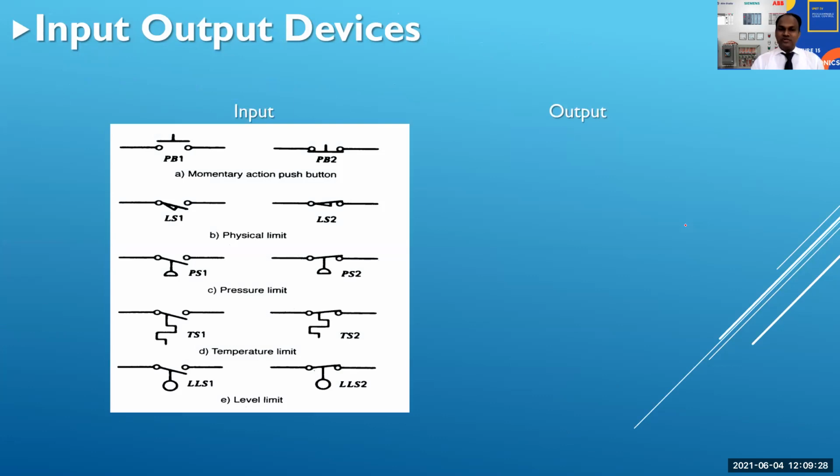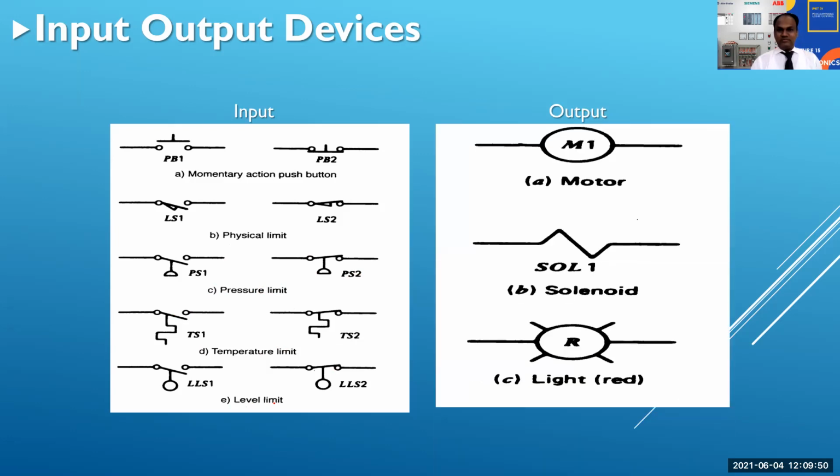You can see in one slide the symbols of input and output devices, that is PB1, PB2. So these are push buttons. LS1 and LS2 limit switches. Then pressure limits, pressure settings 1 and 2, temperature limit and level limits. So these will be some inputs of that PLC.